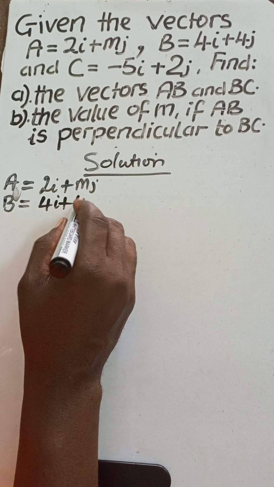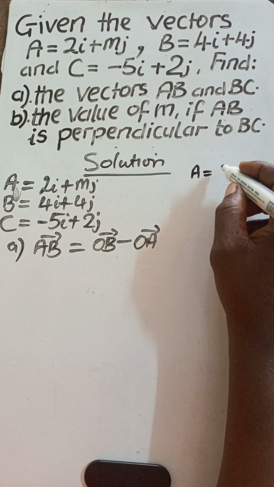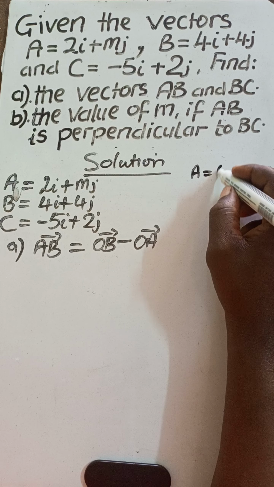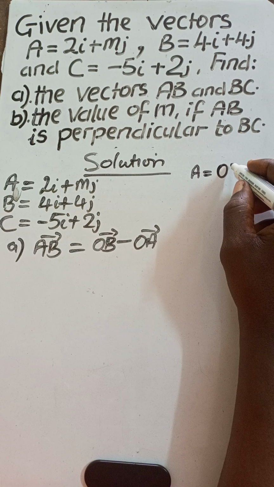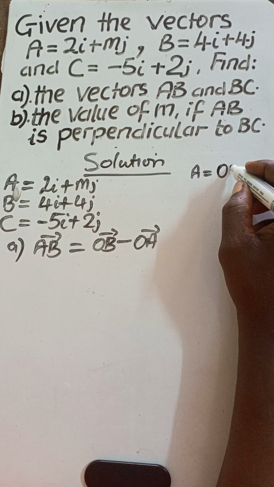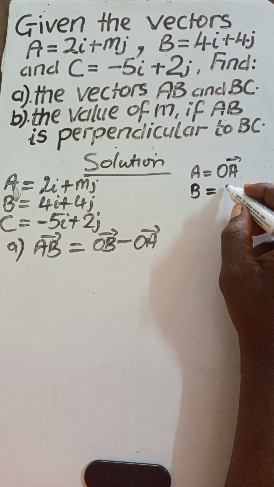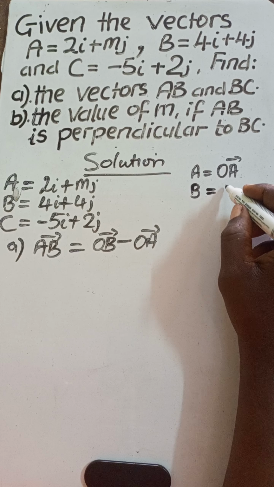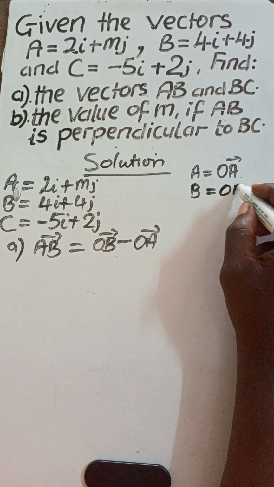Remember, if a point A has a position vector, then that position vector can be indicated as origin to the point A. This OA stands for the origin. Just like the point B, the vector connecting the point B to the origin will be OB.